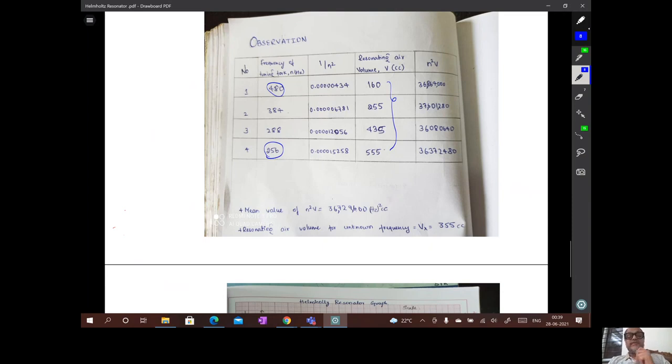This student has done it. I have taken a photograph of the record book of one of your senior batch students. This student has got 160. I have got 155, so probably I am a little more accurate than him.